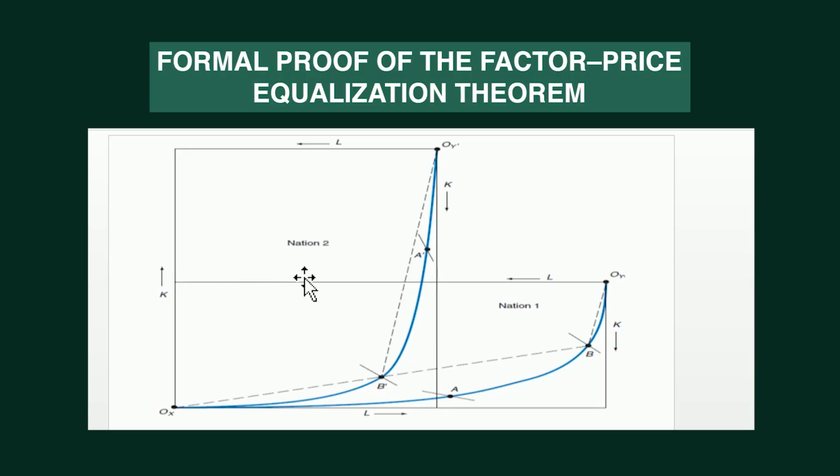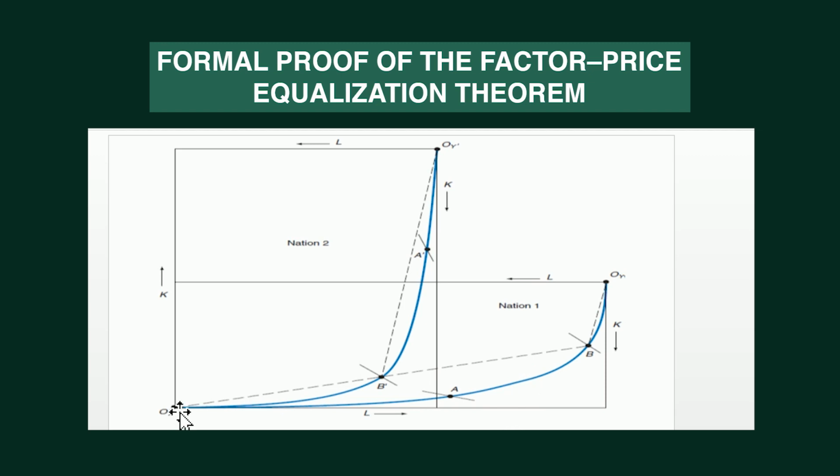Now, note in this diagram, the Edgeworth box of country 1 is denoted by the relatively flatter box. This is because in country 1, there is a labor abundance and country 1 is producing more of the labor intensive good.